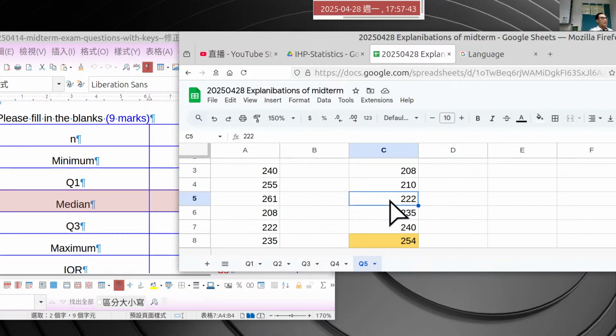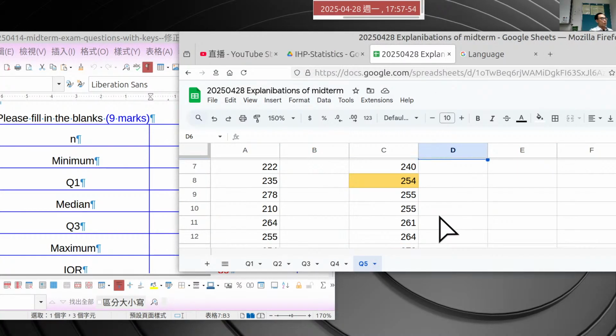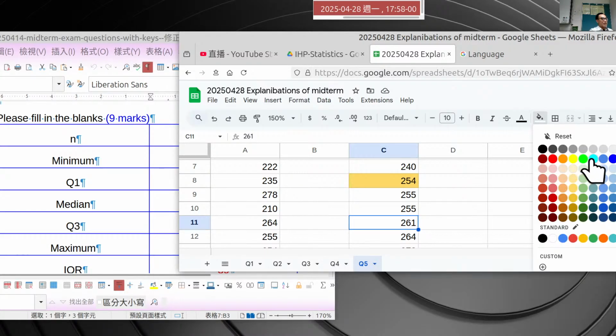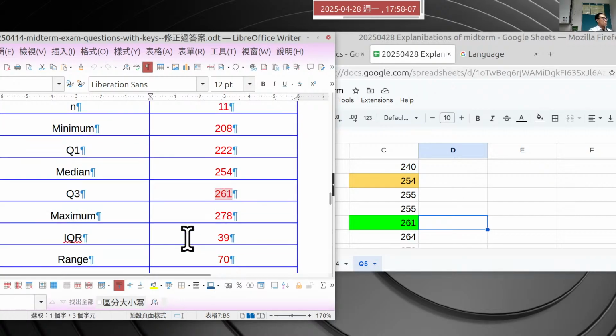Thus, the median of this part is Q1. Q1 is 222. Who is the Q3? 1, 2, 3. This one is the Q3. Q3, 261. Okay, and next question.